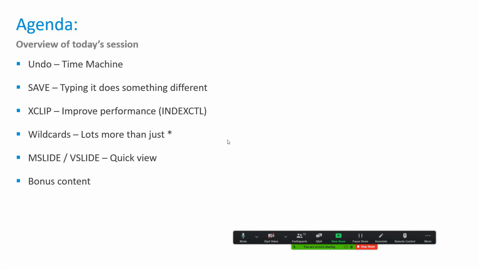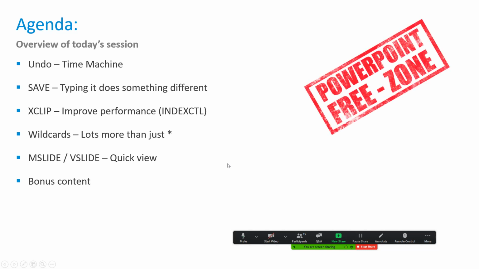We're going to look at doing more with wildcards than just having an asterisk. We'll get into some other things with slides, and then if I have any time left, some bonus content. If you've been with us before, our presentations are traditionally the PowerPoint free zone, so we try to do everything as much as possible within the application itself.